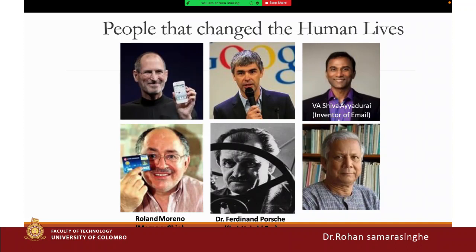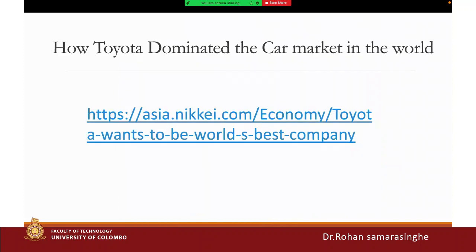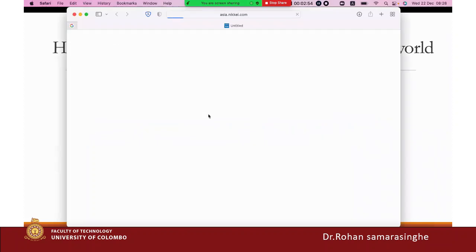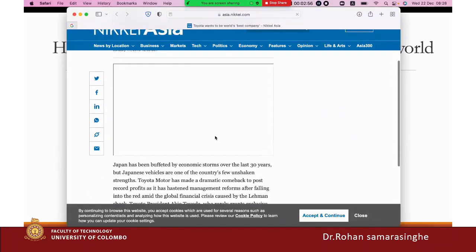So likewise, these are the giants. They introduce the products as well as the services that will change humans' lives. So let's see this small video clip, how Toyota dominated the car market in the world. Let's see this video clip.